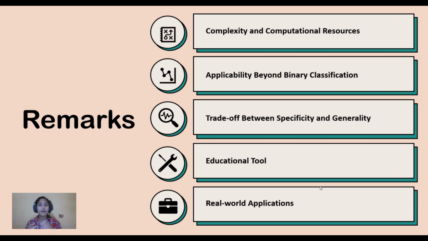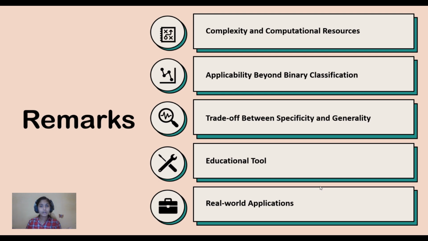And next is complexity and computational resources. As complexity increases, the expense of performing that operation also increases. Applicability beyond binary classification: examples can be classified as positive and negative, and beyond that they can be multi-classified also. Next is the trade-off between specificity and generality.